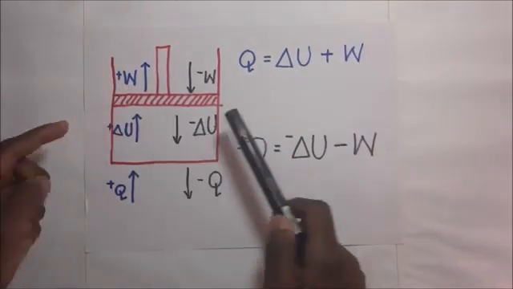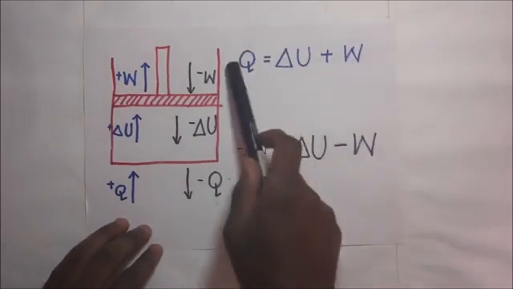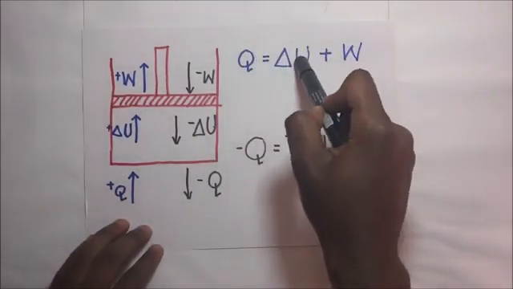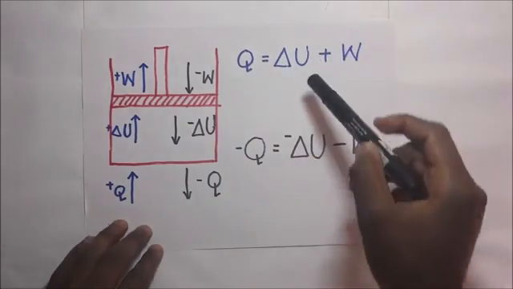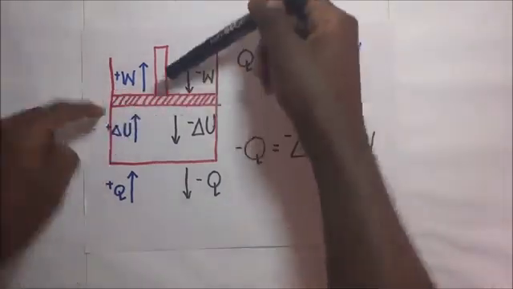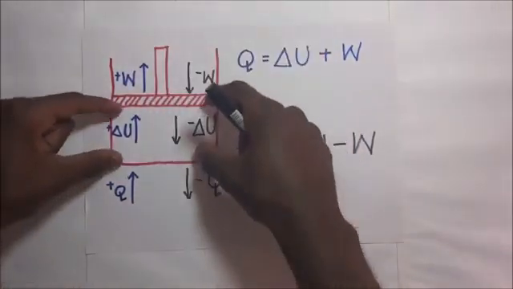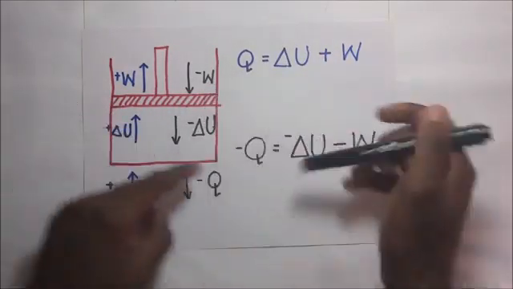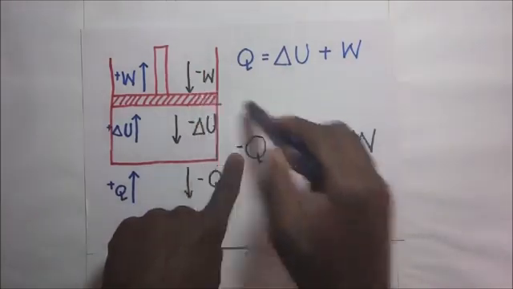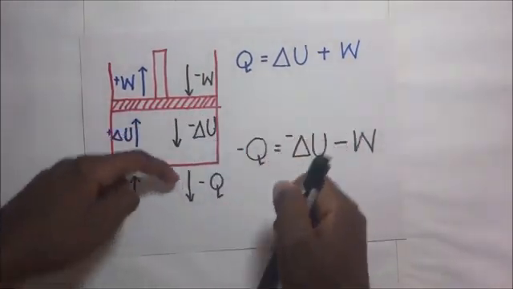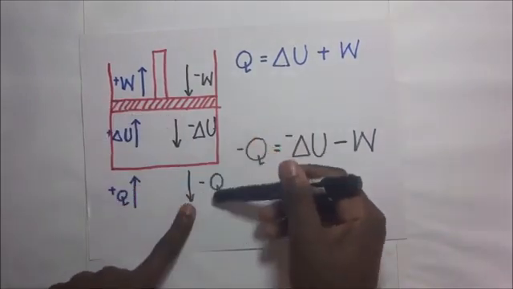Now, if all these were negative, negative Q, negative change, that is a decrease in internal energy, and then negative work done, it means now, let's say the piston is being pushed down. When the piston is being pushed down, it means that you're compressing this gas. When you're compressing this gas, that is negative W, and some heat is going to escape out of this system.